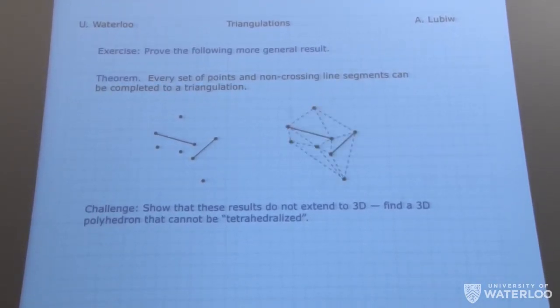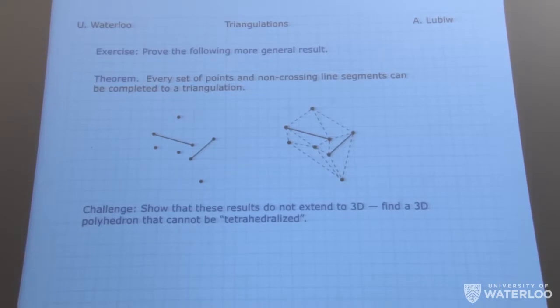So here's an example of doing that. And a challenging thing is to show that if we go up to 3 dimensions, things don't work out. You can find a 3-dimensional polyhedron that cannot be partitioned into tetrahedra just by using the original vertices. That's a very curious and interesting example.